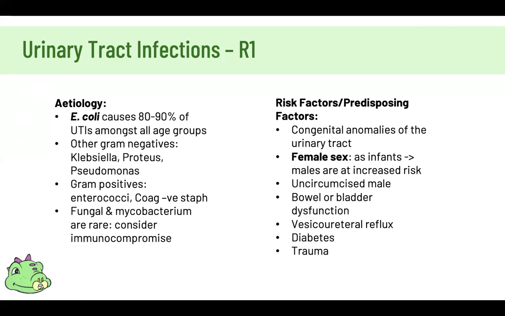Although as infants, it's very specific in that males are actually at an increased risk during that period. Any uncircumcised male is at an increased risk of UTIs in comparison to circumcised males. Any sort of bowel or bladder dysfunction, which we'll talk about in a little bit, vesico-ureteric reflux, and then other things would be type 1 diabetes and direct trauma to the area.